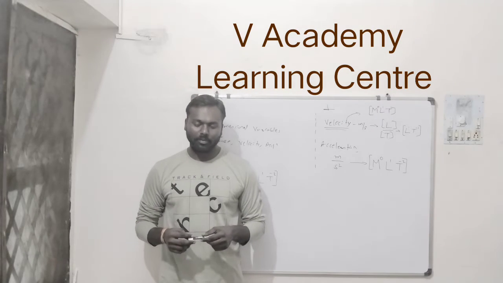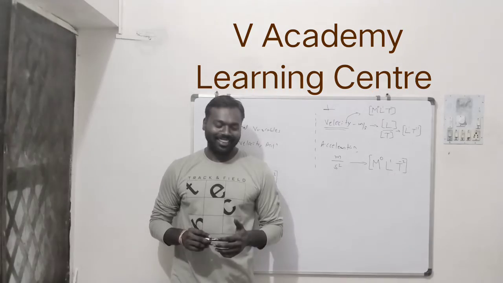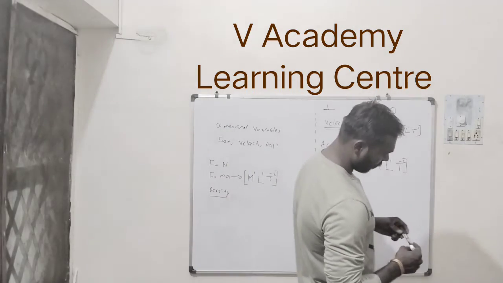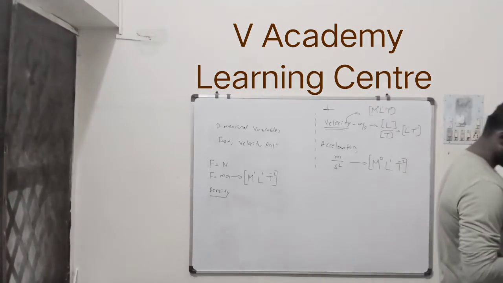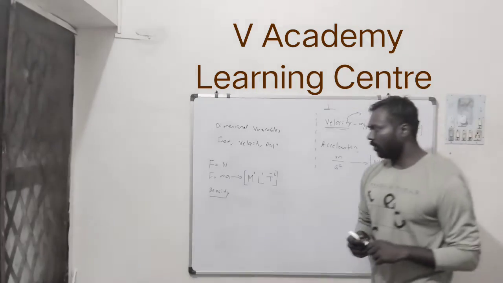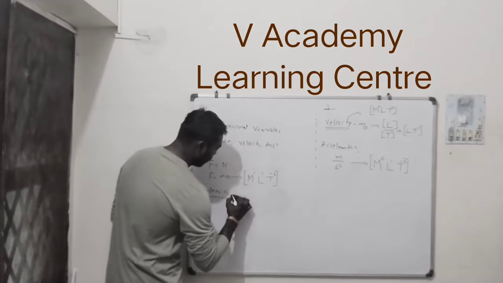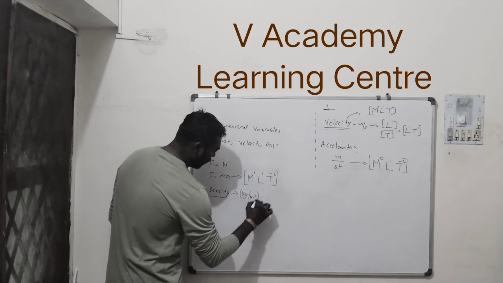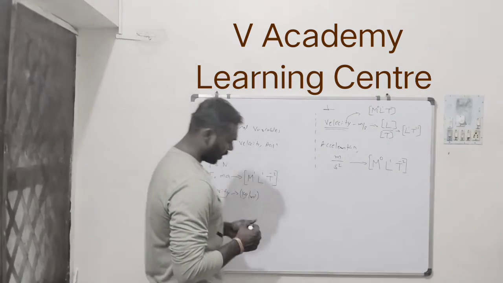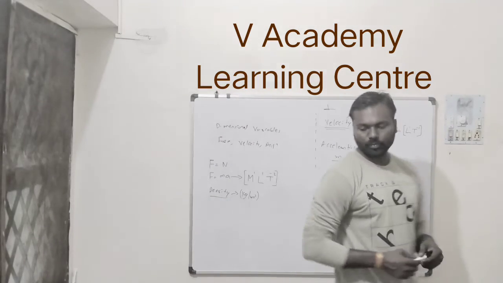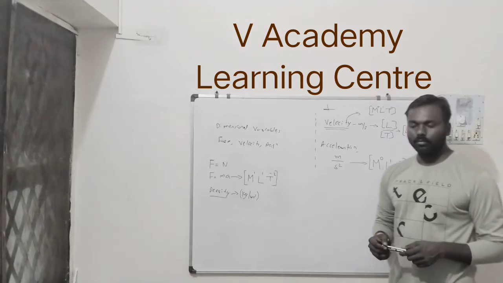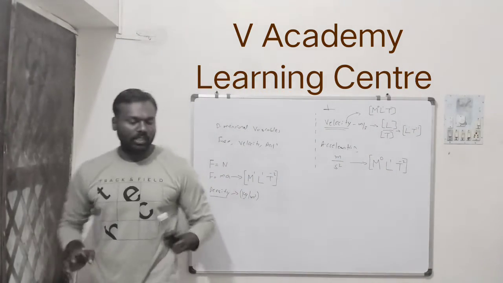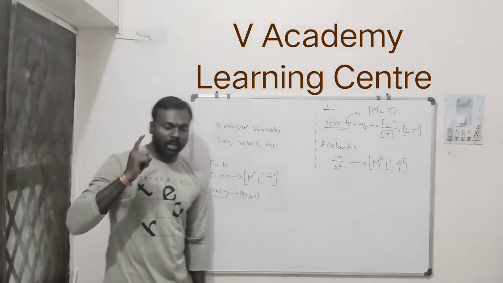Then the dimensions of the unit of density. Then tell me, density of water, how much? Density of water is how much? 1000 kg per meter cube.